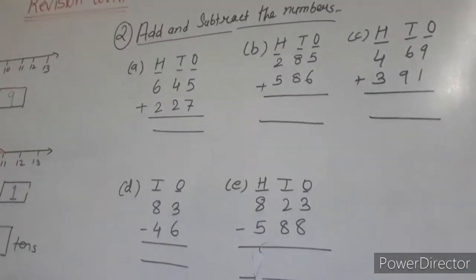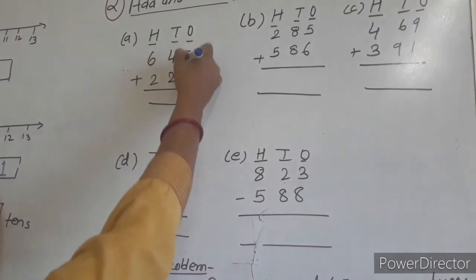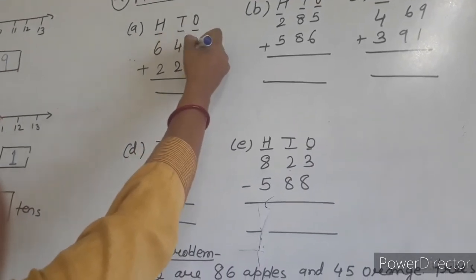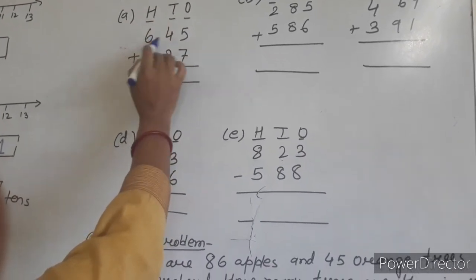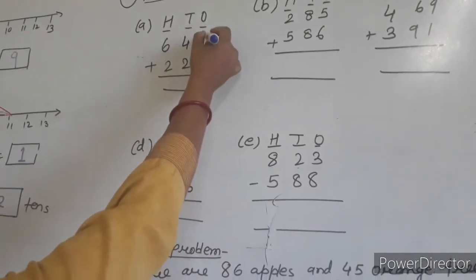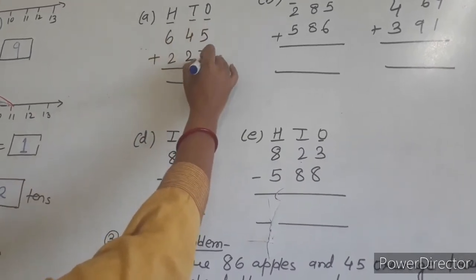Okay. Then add and subtract the numbers. 5 plus 7, we have to add the numbers first from the ones place. In the ones place, the numbers are 645 plus 227. In the ones place, the two numbers are there, on the top the 5 is there, in the lower portion 7 is there.